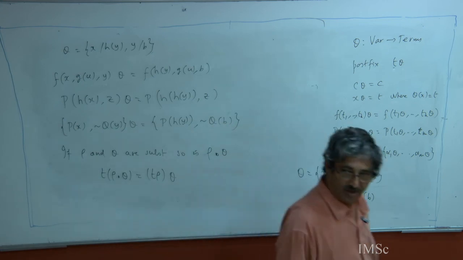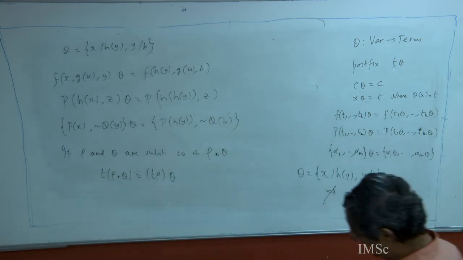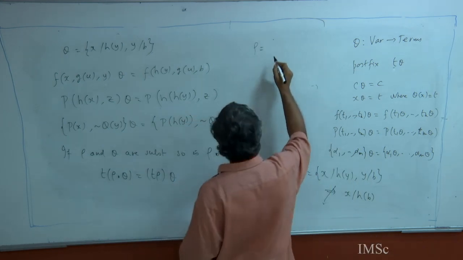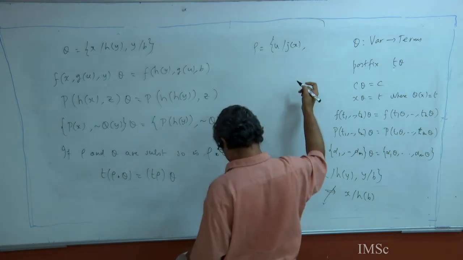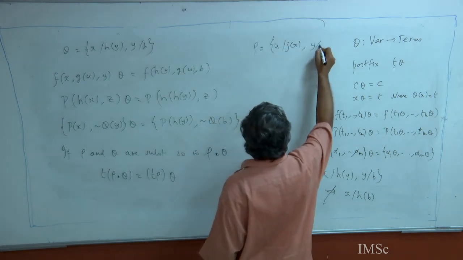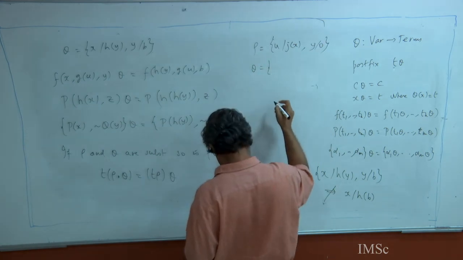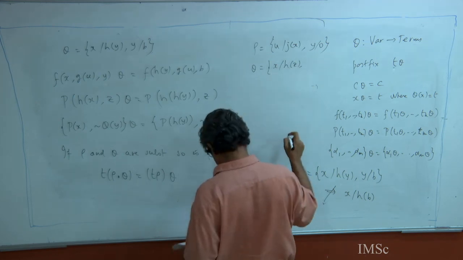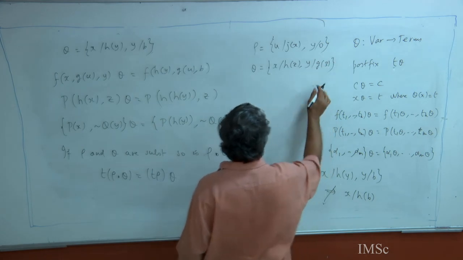First apply rho, look at the resulting term and apply theta on that. So for instance, say rho is this and theta is some cooked up stuff.